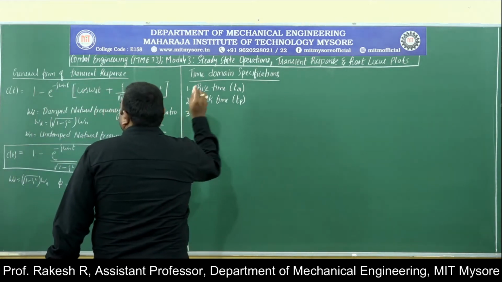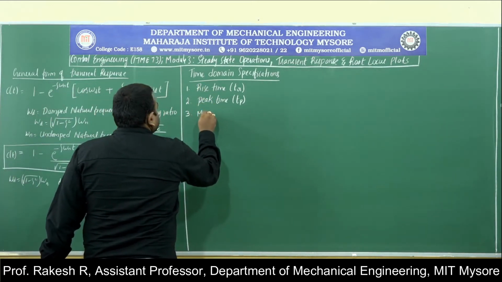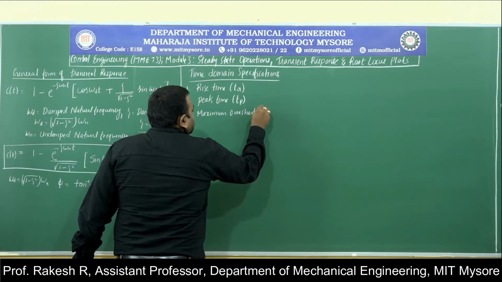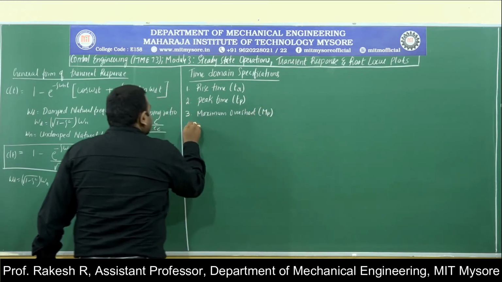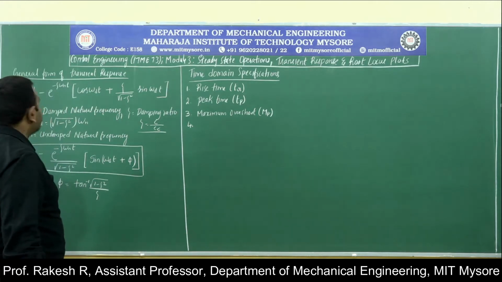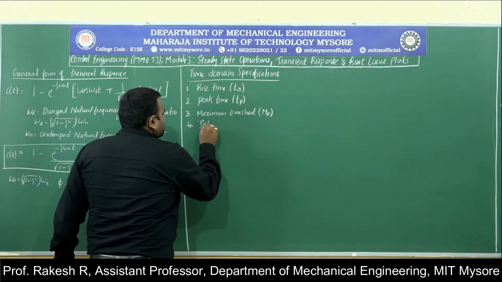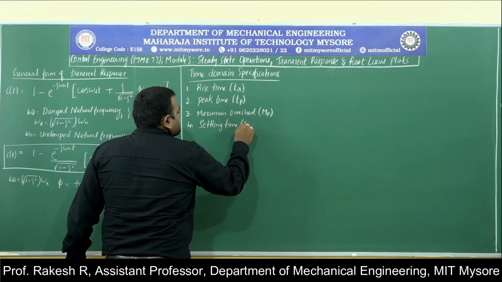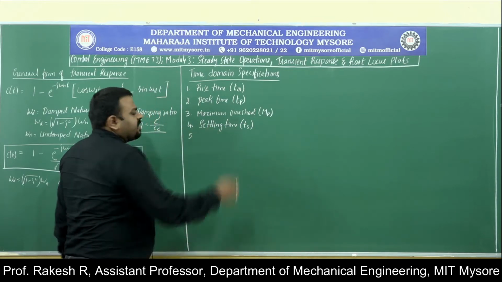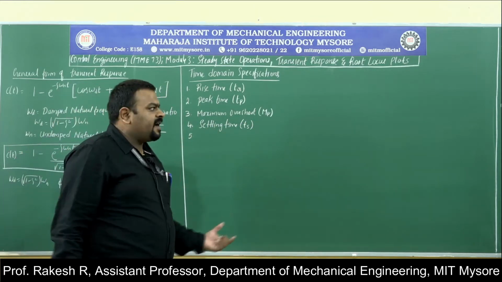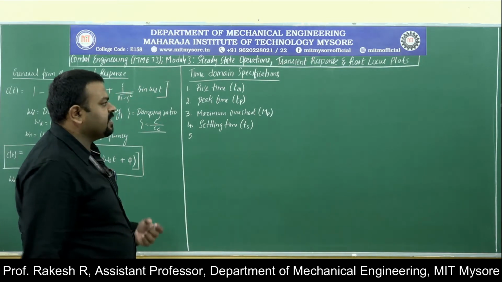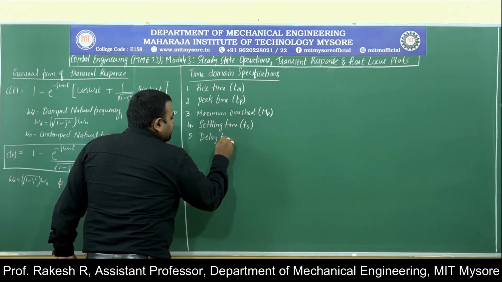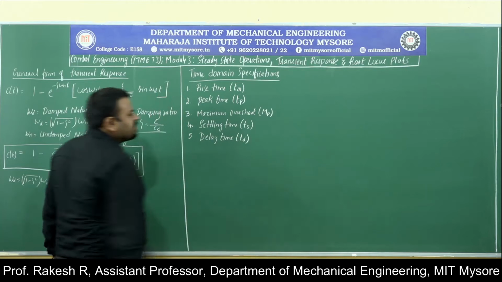Then maximum overshoot, denoted by M suffix p. Then we have settling time, denoted by Ts. Sometimes even delay time is also taken into consideration, which is T suffix d.